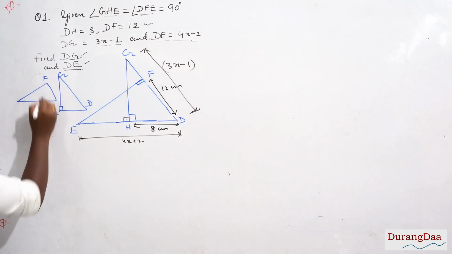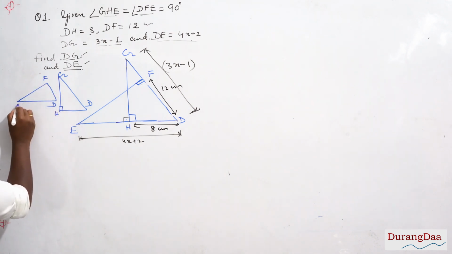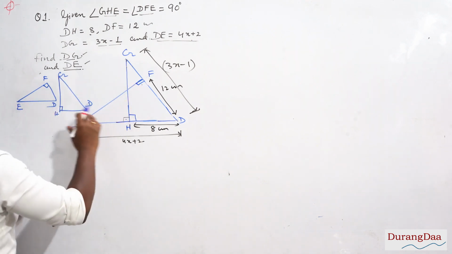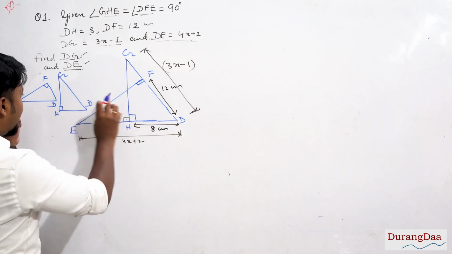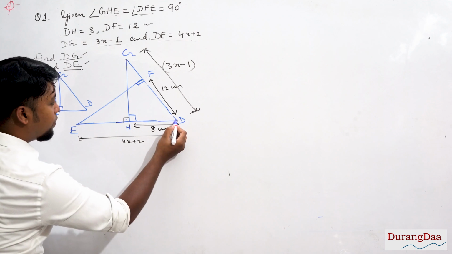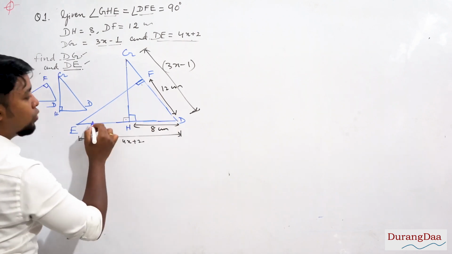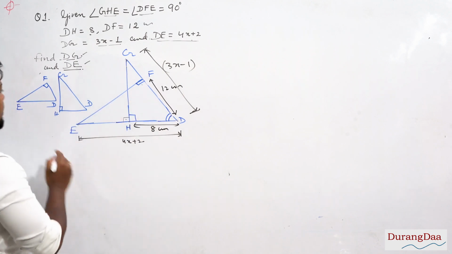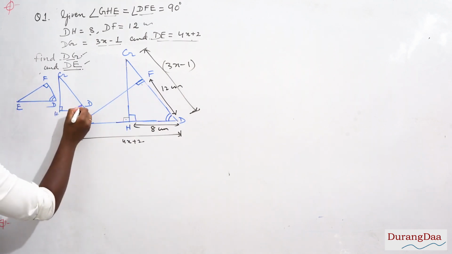This is FDE. So in this triangle, 90 degrees is here. So what I have done, I have separated the selected triangles. Now this angle D, if you look carefully, is common to both the triangles. Angle D is common to both the triangles. So I will just mark them as equal.